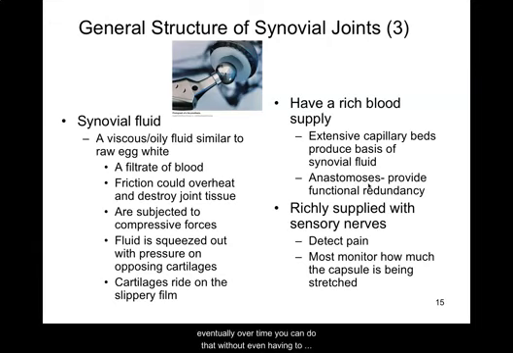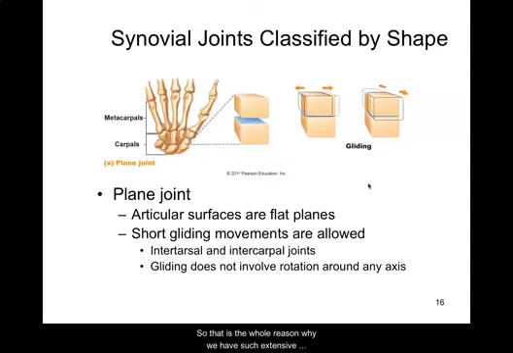Holding that plate flat. And eventually over time, you can do that without even having to pay attention to it anymore. So that is the whole reason why we have such extensive innervation of our joints, so that we can gauge exactly how much bend or straightening that we need to provide, how much movement in the joint to achieve a particular job or function.